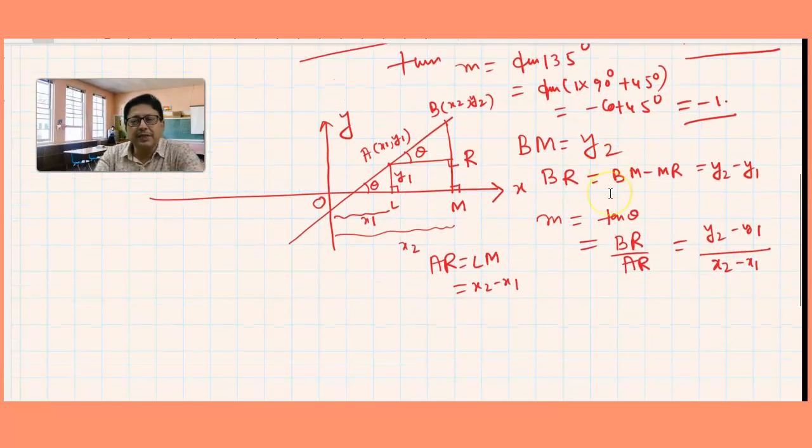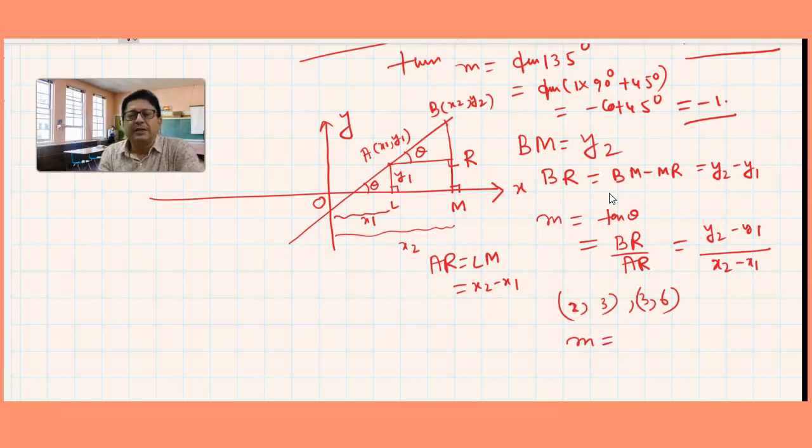For example, if it is given that 2 points are 2, 3 and 3, 6, what is the slope of the line? That m will be equal to y2 minus y1. It is not true that I have to take this one as x1, y1 and this one as x2, y2 always. We can change also.